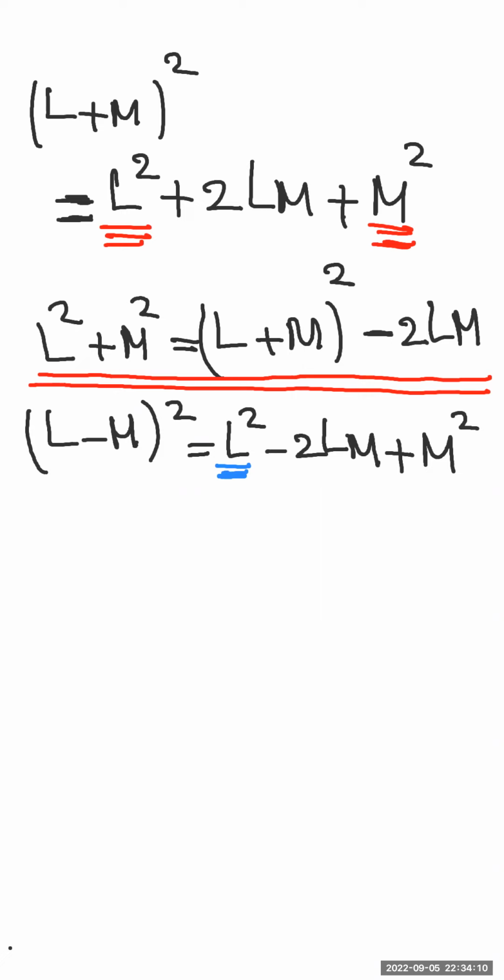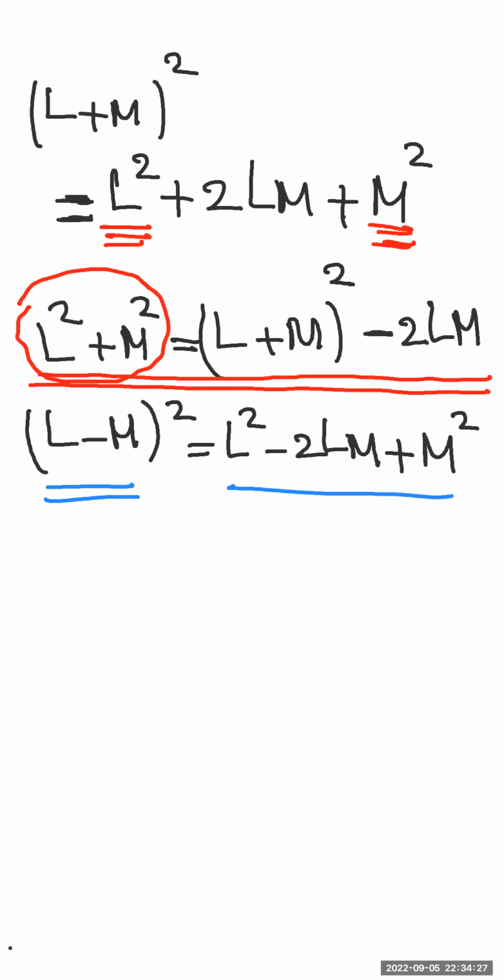Now I'm going to get L minus M all to the power 2. It will equal this form, but we just got that L squared plus M squared equals this term.